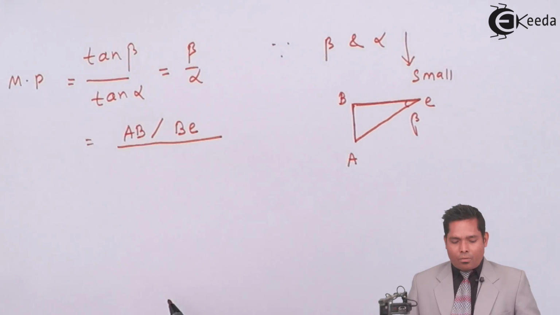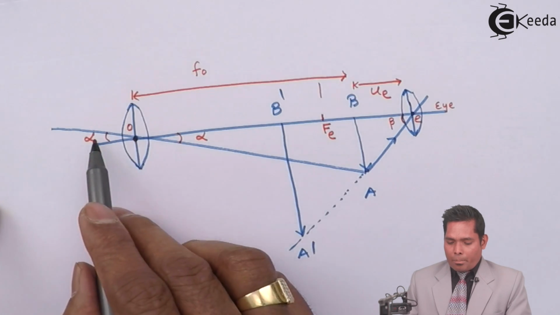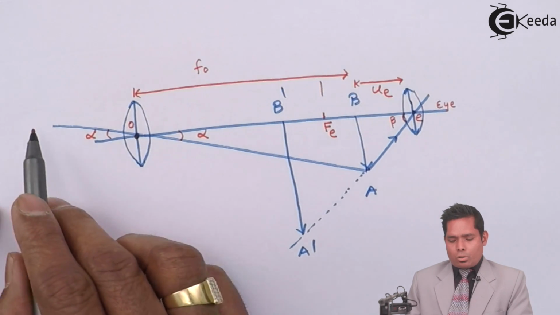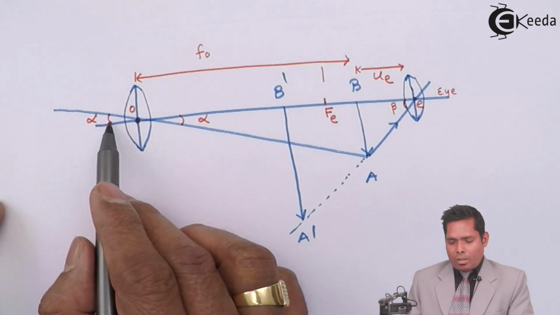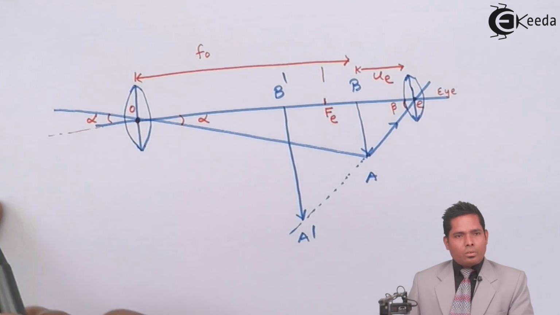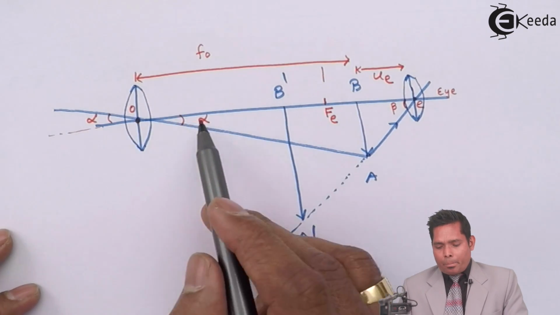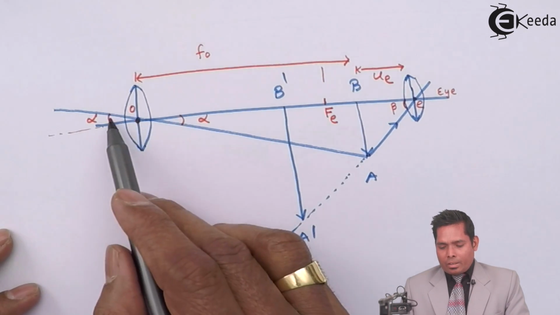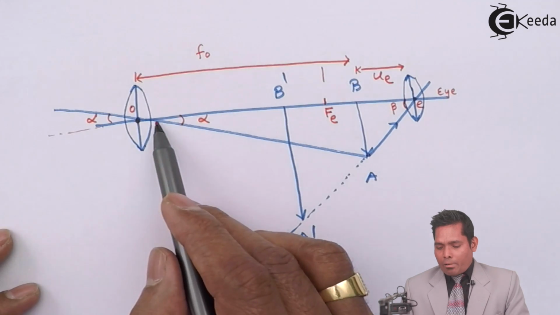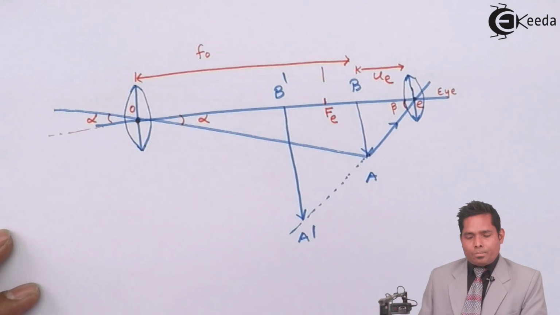Similarly, tan alpha can be obtained from this triangle, because the object is at infinity, so you cannot draw alpha or find alpha on this side of the lens. So we have to switch over to the other side because of the symmetry, that this angle is this angle. So I will use this triangle ABO to find alpha.